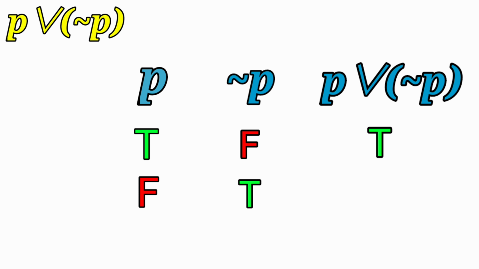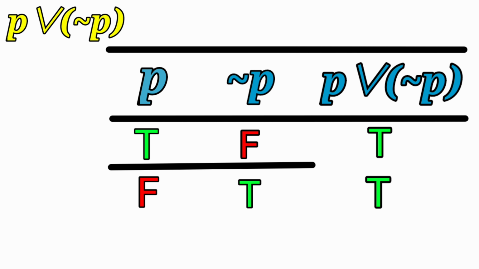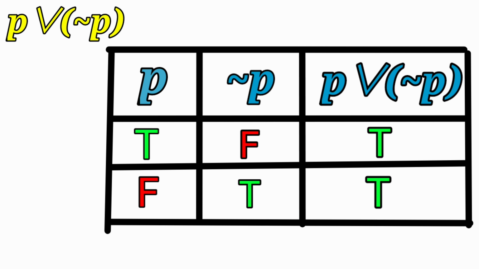Second case, if P is false and negation P is true, the disjunction in this case is also true. Now here you can see P or negation P is always true in all the possibilities. That's why it is taken as an example of tautology.